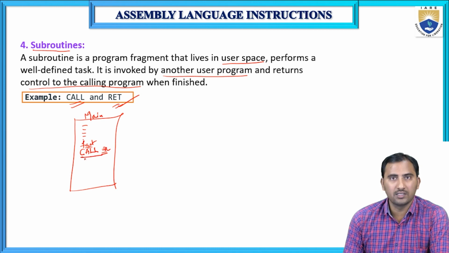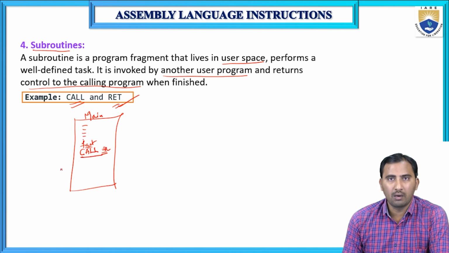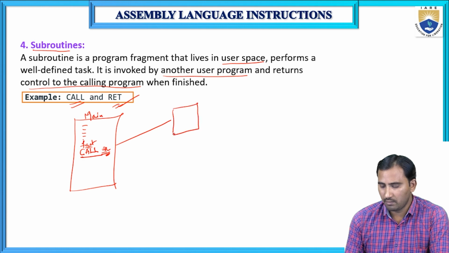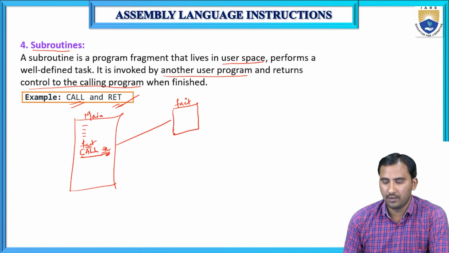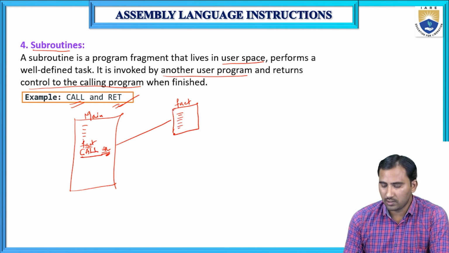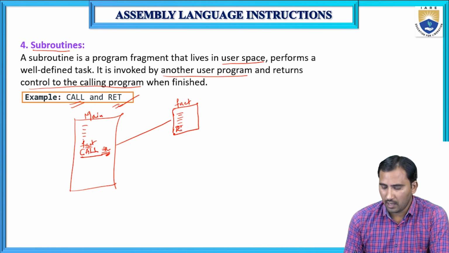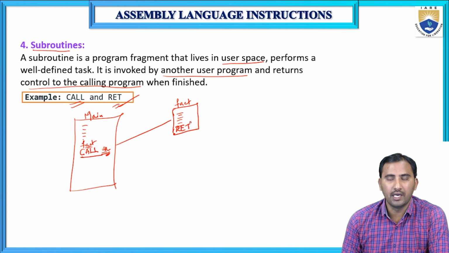Whenever this call is executed, the program control will be transferred to the address specified in this address field. So it will go to the subprogram, which is for finding the factorial, and it has a set of instructions. In the subroutine program, the last instruction is RET. RET means return.